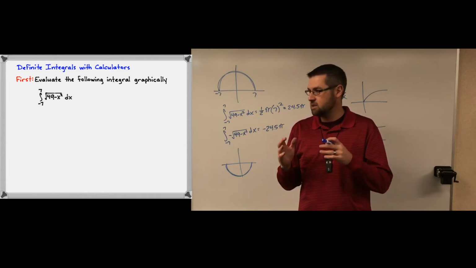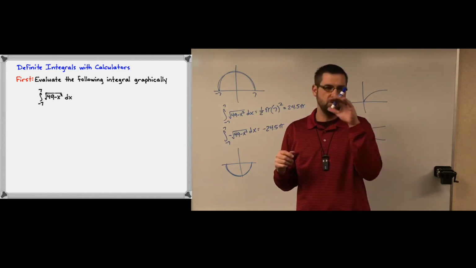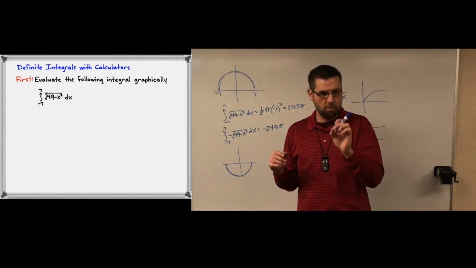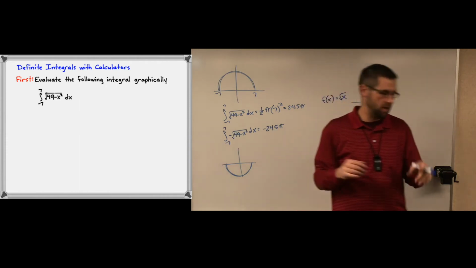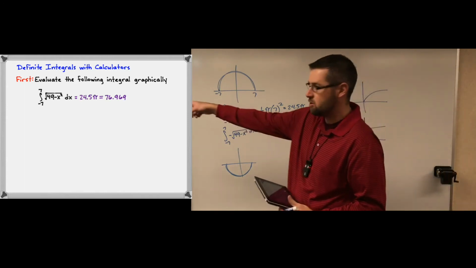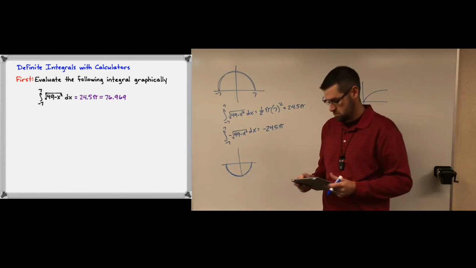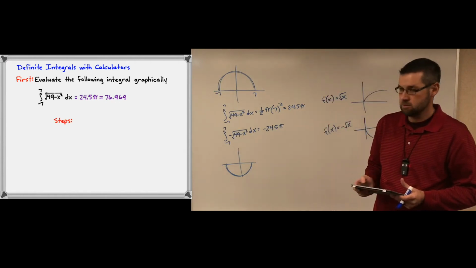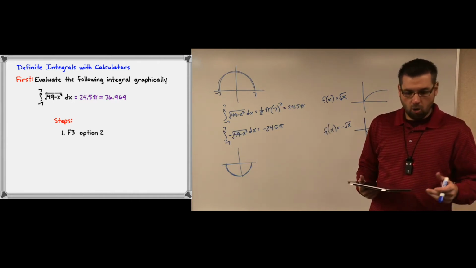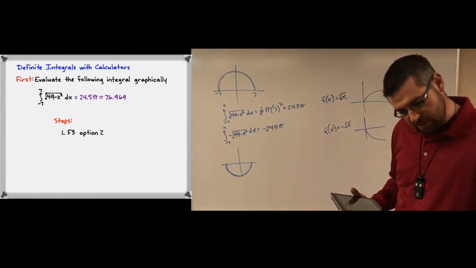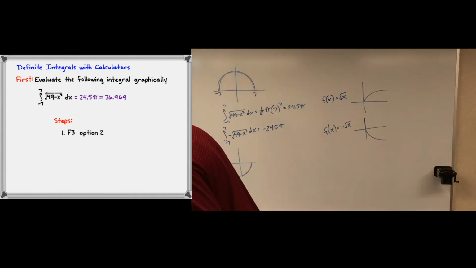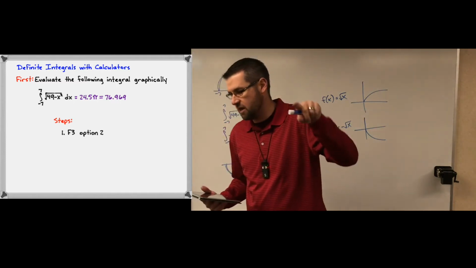Now it's a little different than the derivative. With the derivative, you would close a parenthesis and say evaluate. In this case, you're going to put comma, lower bound, comma, upper bound, and then close your parenthesis. So F3 option 2, or Abigail said second 7, that's the blue button, and you see the little s above the 7, yeah?